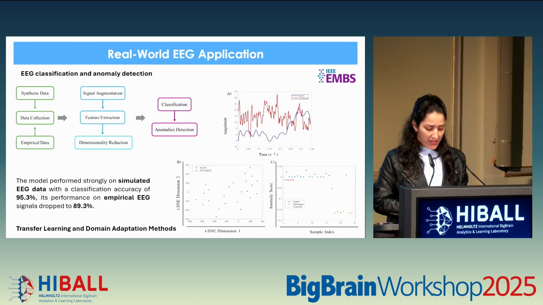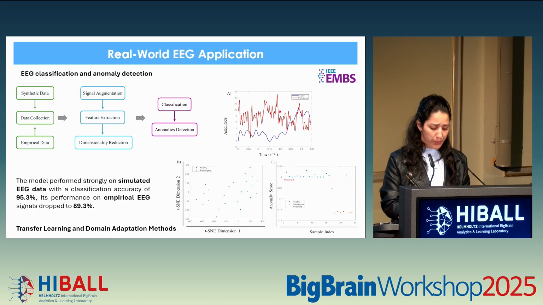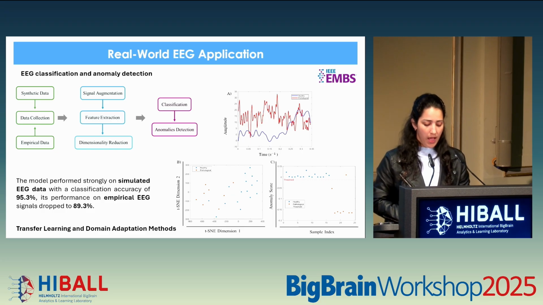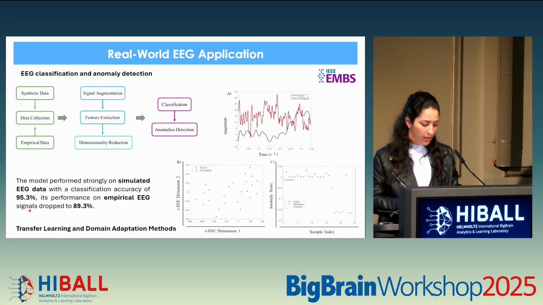So we generate some data, and with that we train our pipeline, and afterwards we test it on empirical data. We are seeing here some epileptic patients and healthy subjects.